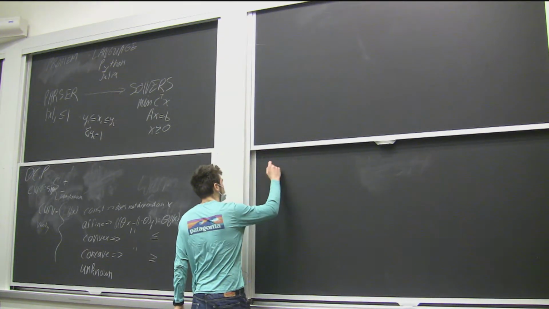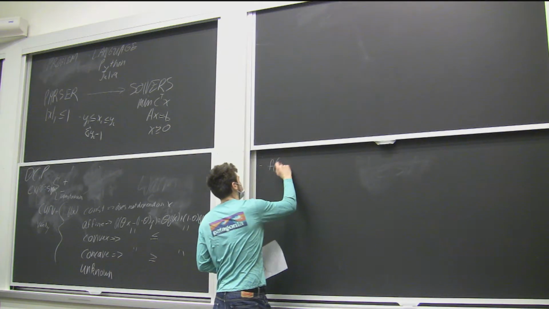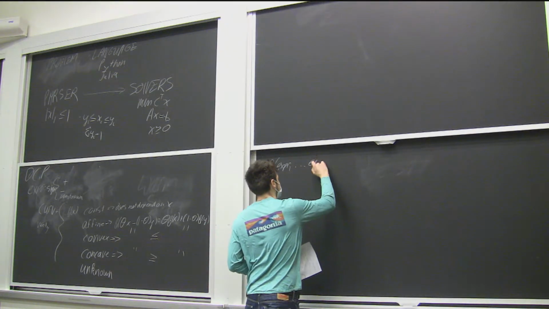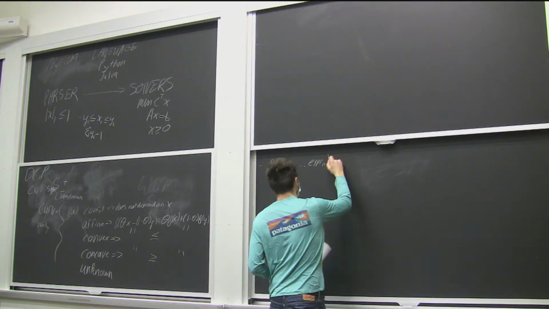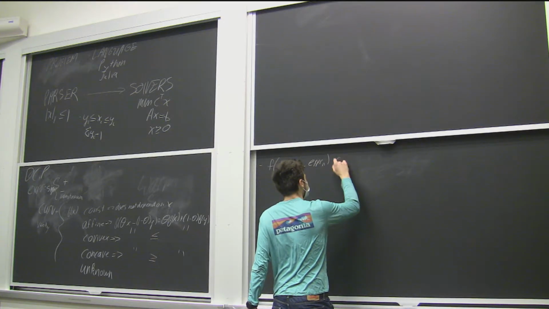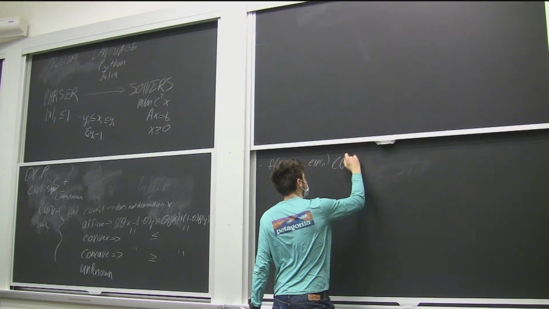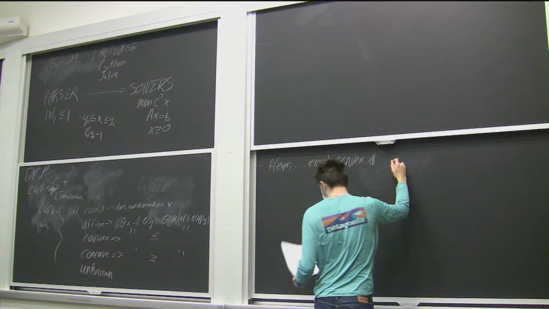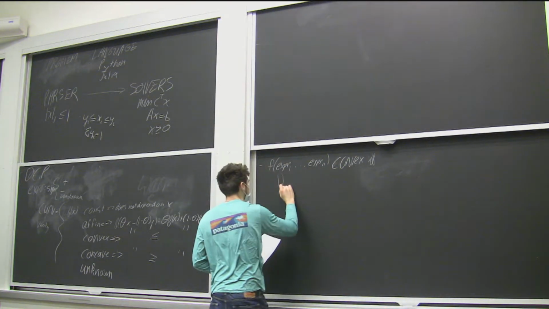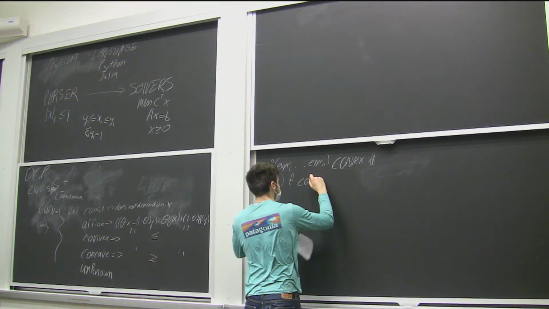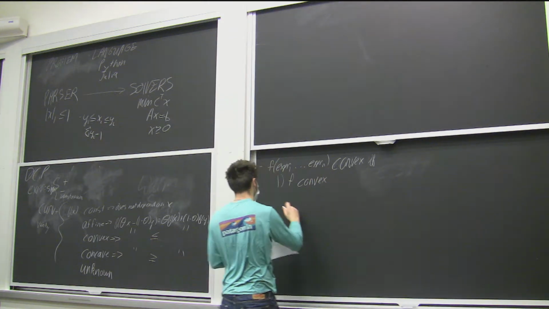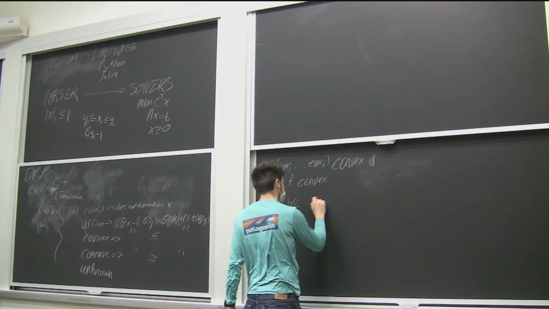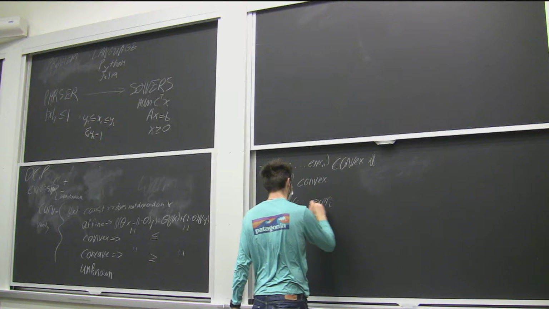So a function f of expression 1 to expression n is convex if, first, f is convex, and for all i, one of the following holds.